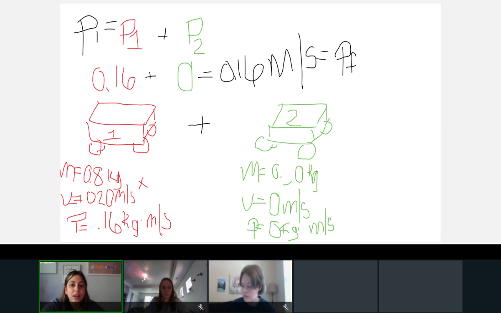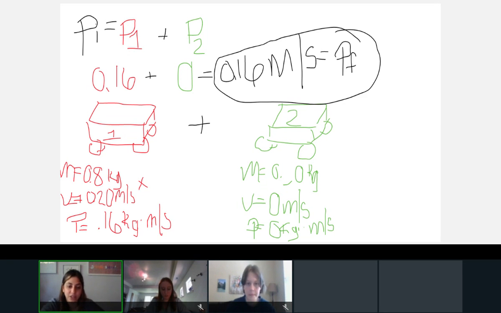So now we also know the amount of momentum for after the collision, right? This is where we need to know a little bit more about our after, because remember the question is asking if wagon 2 has a momentum of 0.13 kilograms times meters per second east after the collision, what is the final momentum of wagon 1?